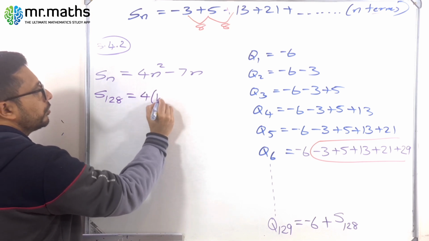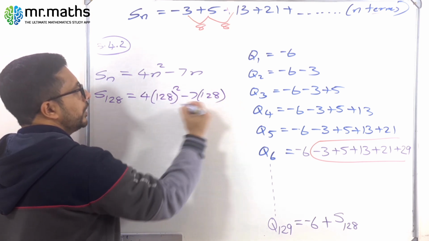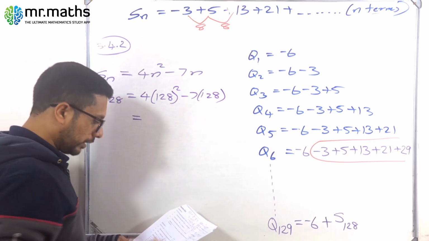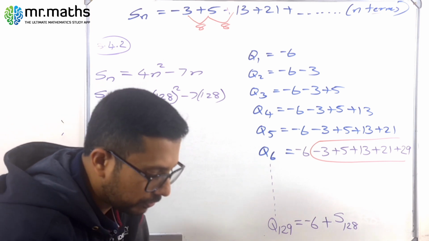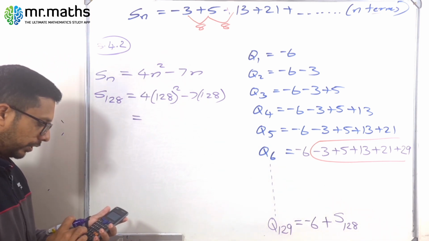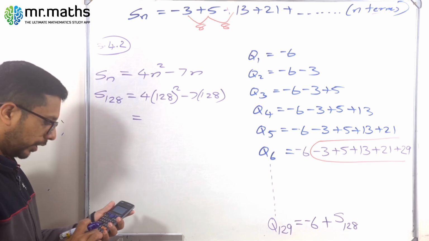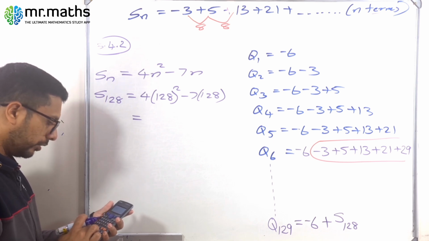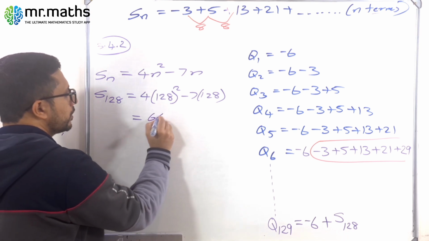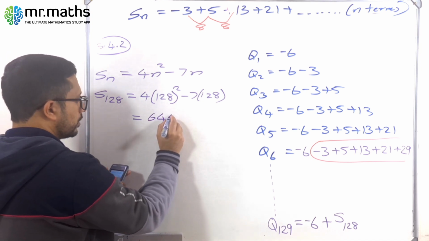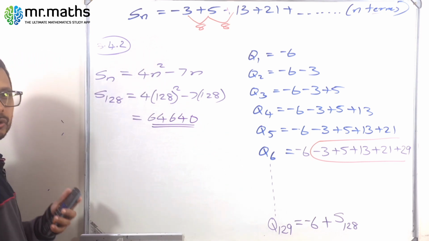So it is 4 into 128 square minus 7 into 128. So check in your calculator, what is the answer for that one? 4 into 128 square minus 7 into 128, 64,640. So that is S128.